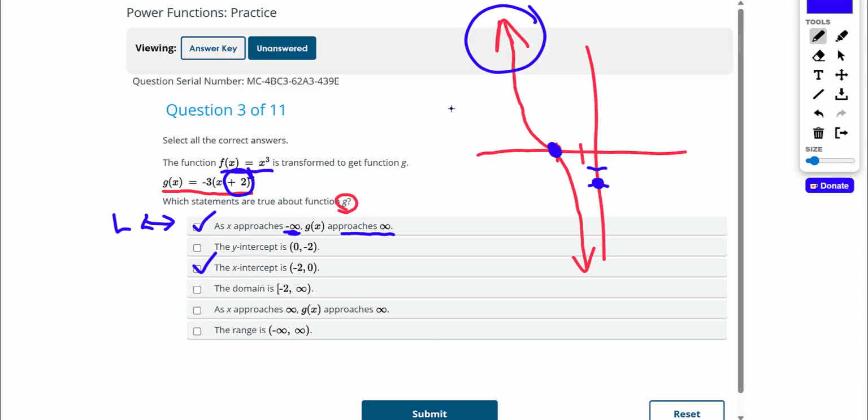Next, the domain is -2 to infinity. Recall, domain is referring to the x values, and x values go left and right. If you look at the left end and the right end, this one's a little tricky, but they're obviously both going up and down, but they're also very slowly inching out toward the left and toward the right.